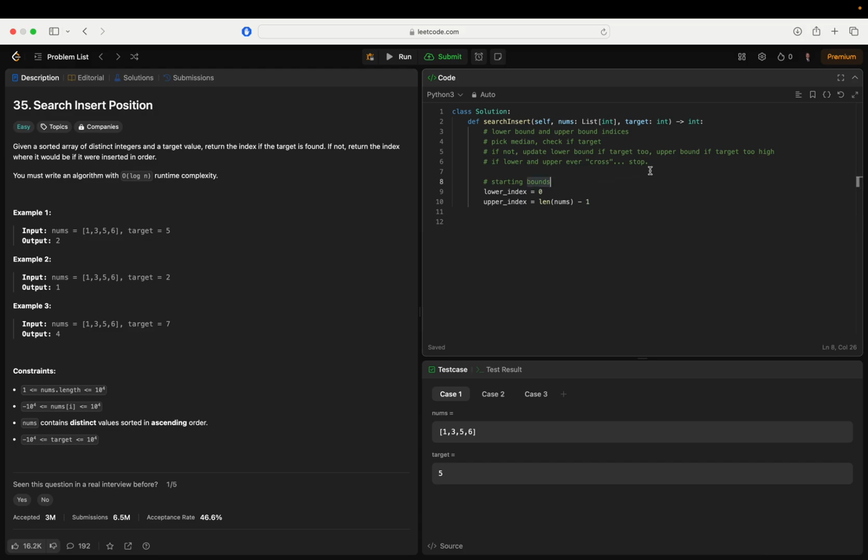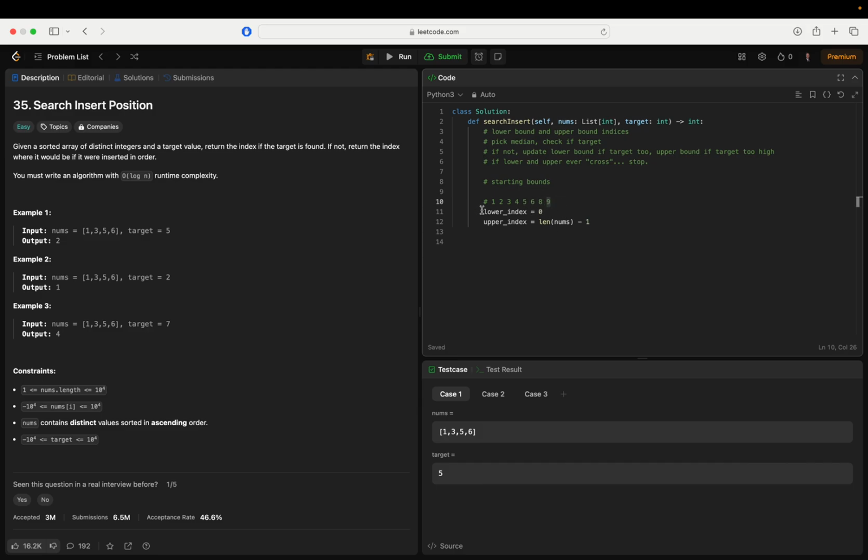Let me see, I think I can draw this out. If we have 1, 2, 3, 4, 6, 7, 8, 9. No, actually that's a bad example. Okay, let's say we're looking for 7, but there is no 7.